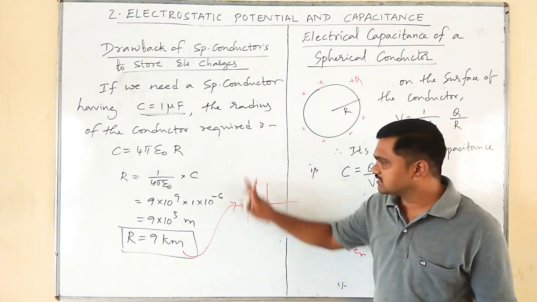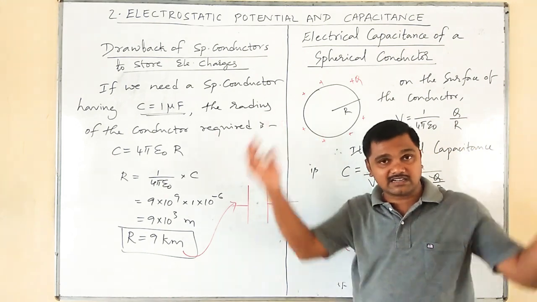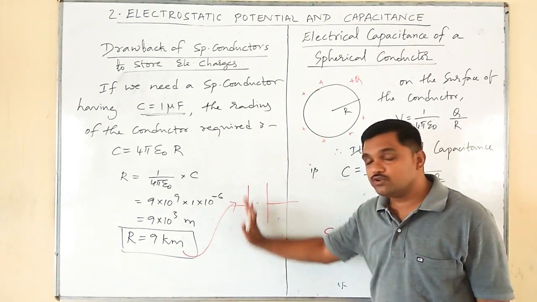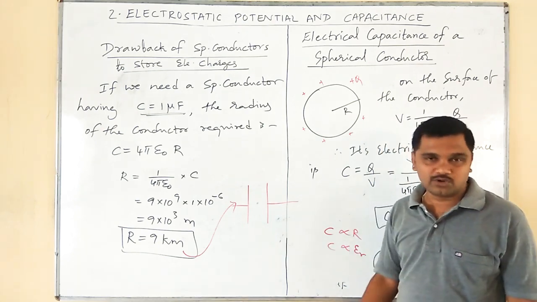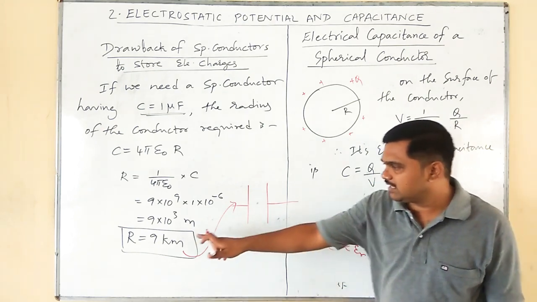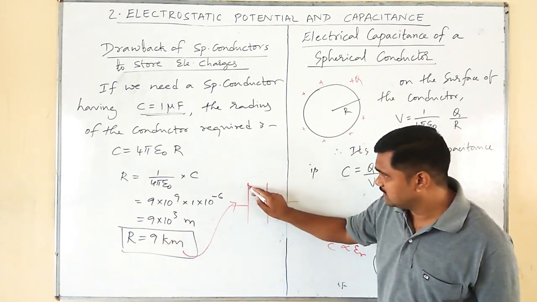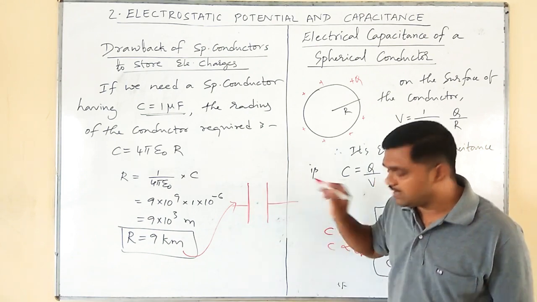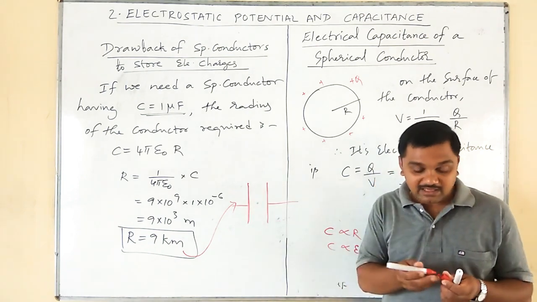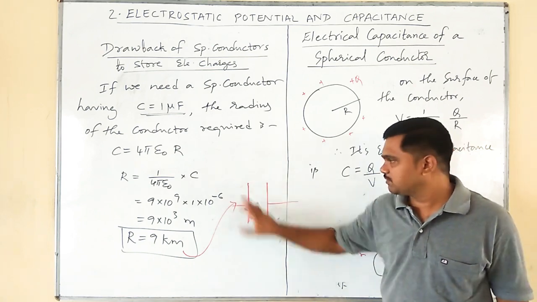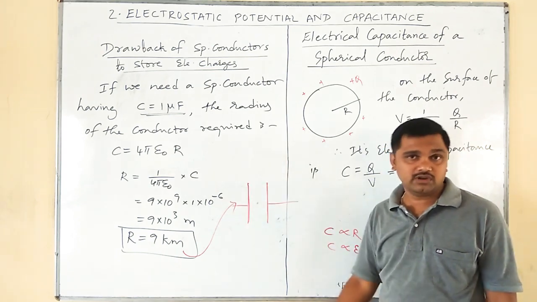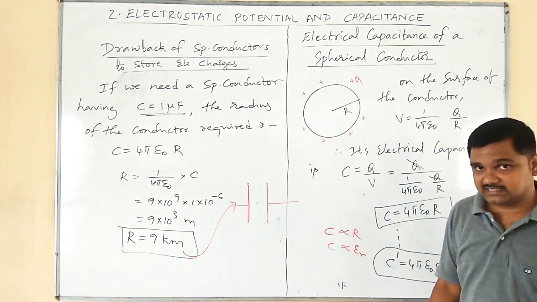If we use two parallel plates instead of spherical conductors alone, they will store more charges. For parallel plates, the radius will be infinity, so it can store more electrical charges.